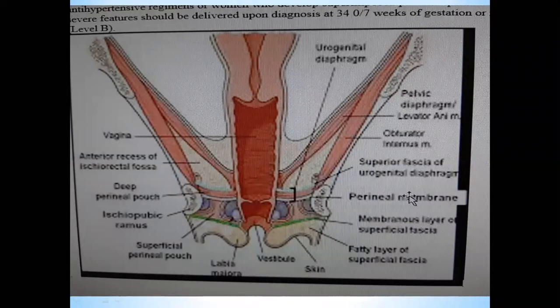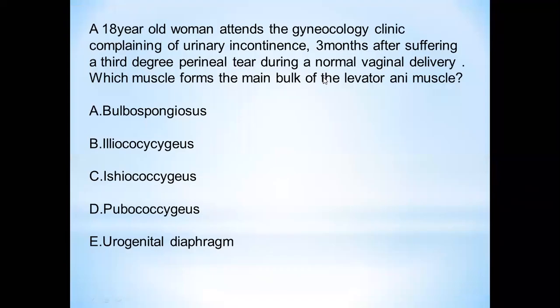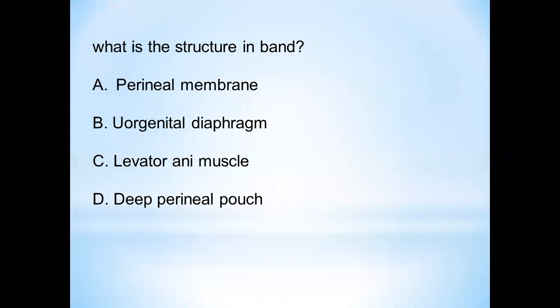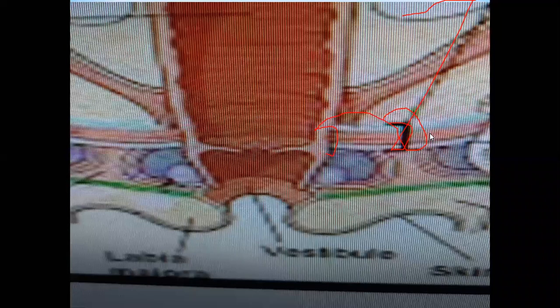Nupur, can we have you here, please? Yes, ma'am. Can you read it for us? Which part is it? Ma'am, urogenital diaphragm. Yes, this is urogenital diaphragm. Now, is it clear that this part is the urogenital diaphragm?